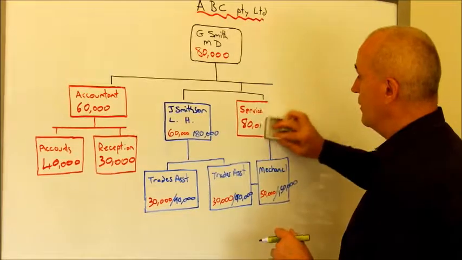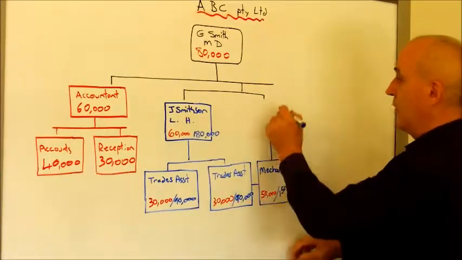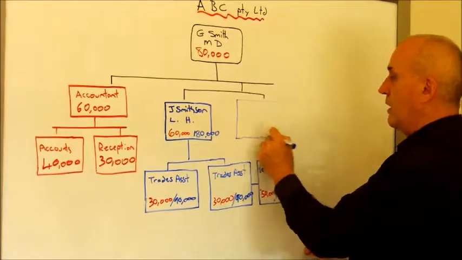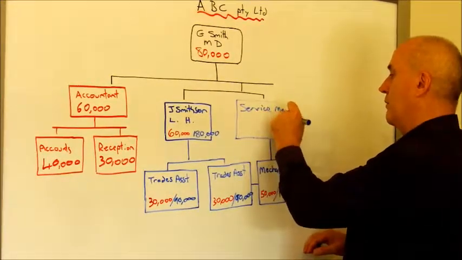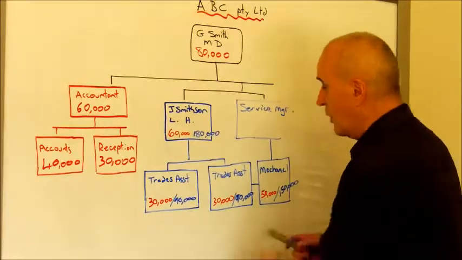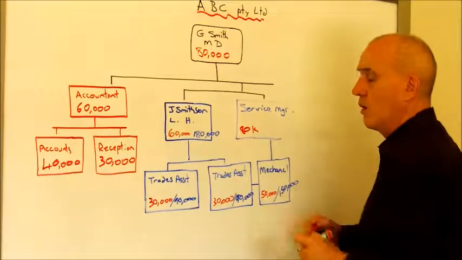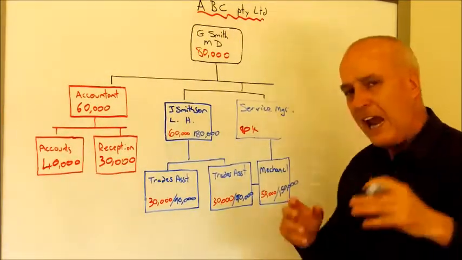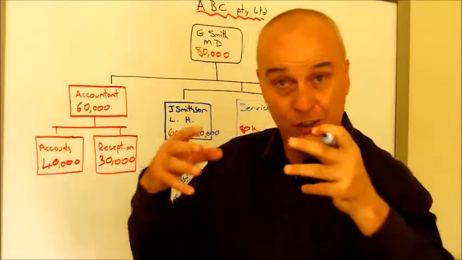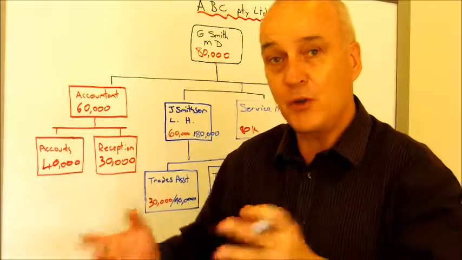So we want to change it from being a red box to being a blue box. And we put in here service manager. And he's still going to cost us, let's say, $80,000 a year. But in this example here, what we want to do now is say, well, how can we, and these are the great questions we need to be asking about our business all the time, how can we do things better?